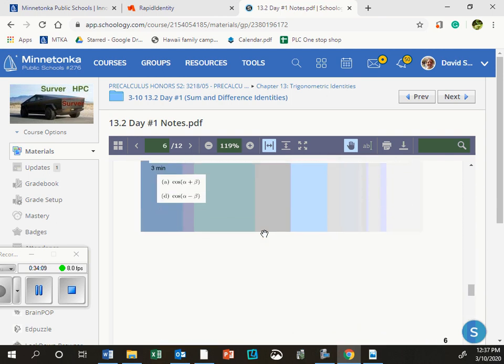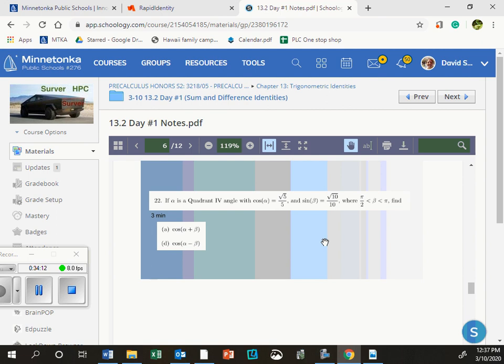Now here's problem 22. I know we're near the end, but let's get started on it together. It's telling you the triangle to use to describe alpha, and it's in quadrant 4. Draw your triangle in quadrant 4. Am I putting that in the wrong spot?